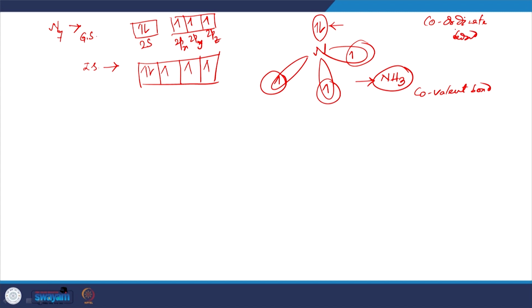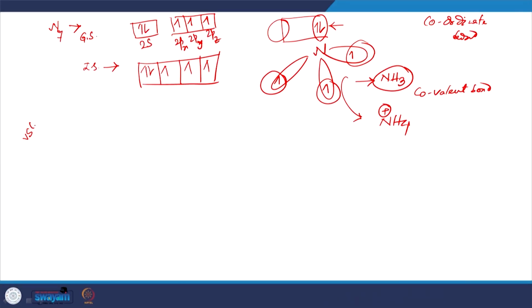In the coordinate bond, these two electrons would be shared between hydrogen and nitrogen, and this will give nitrogen the ability to form a positive charge. So, you can see this is the way the nitrogen would look. It has 3 hydrogens, but it could form an extra bond which is called a coordinate bond.